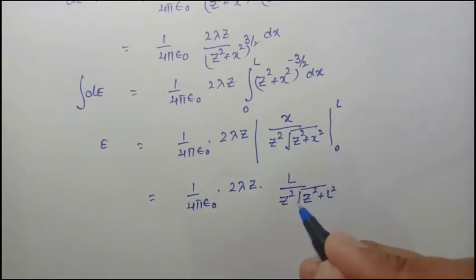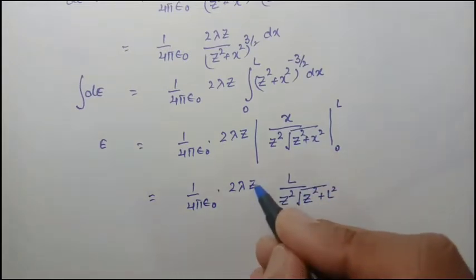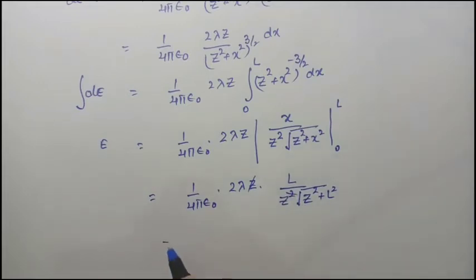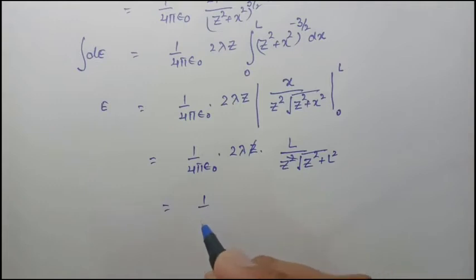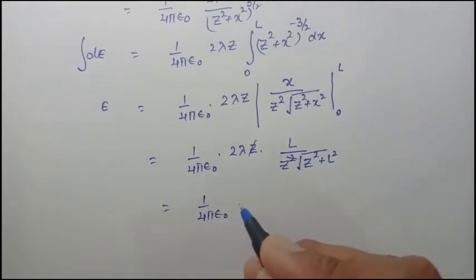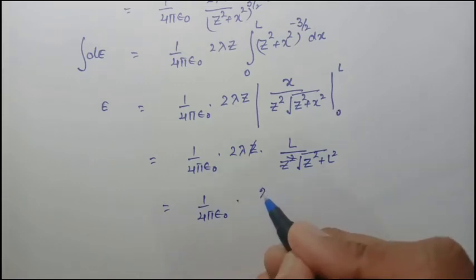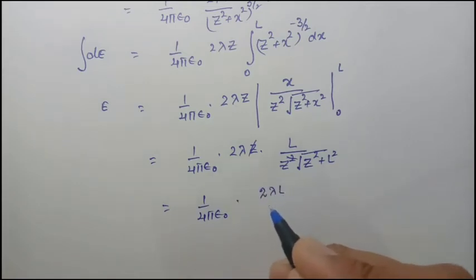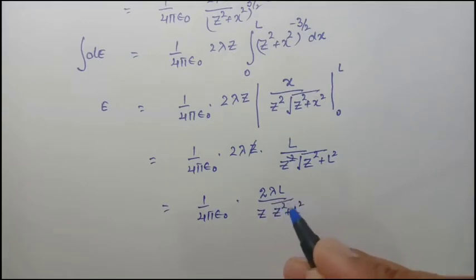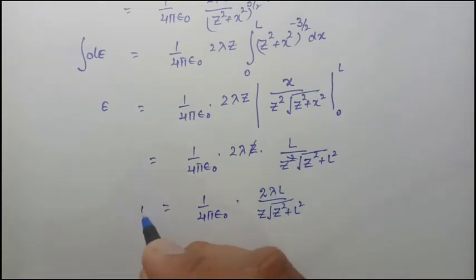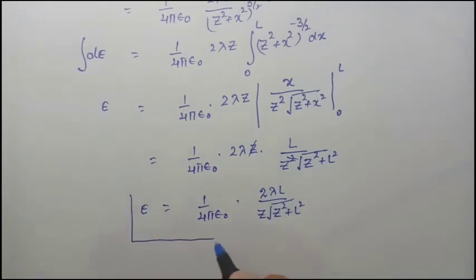So z is cancelled with this, so we can write 1 over 4 pi epsilon naught into 2 lambda L over the square root of z square plus L square. So this is the electric field.